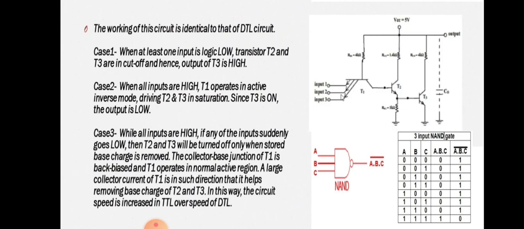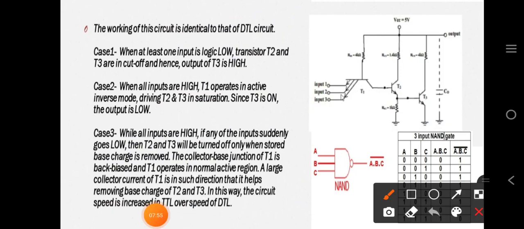And for the rest of the conditions, if any of the inputs is 0 or all the inputs are 0, then in that case this transistor will not get on. This transistor will also not get on.